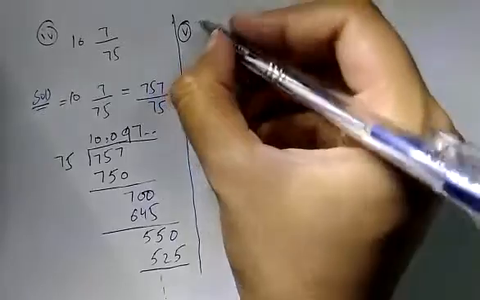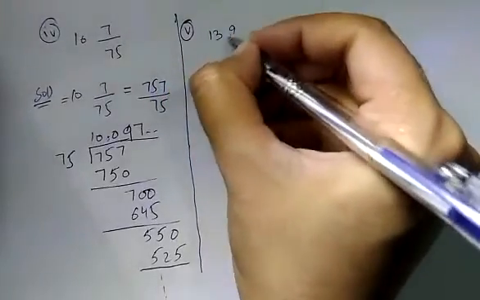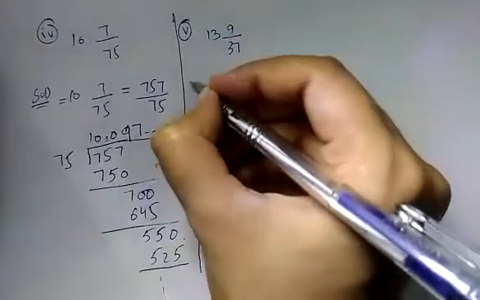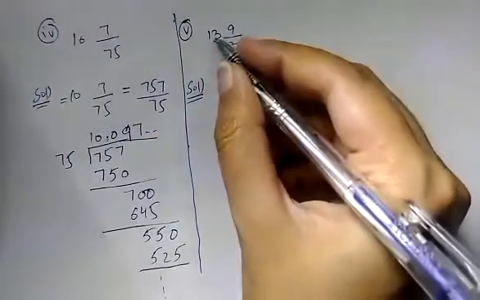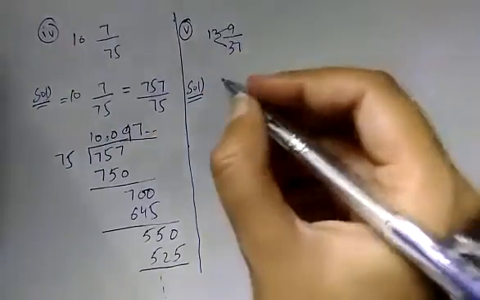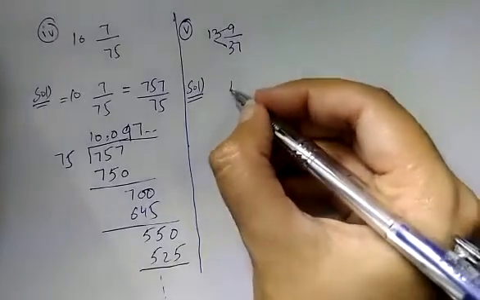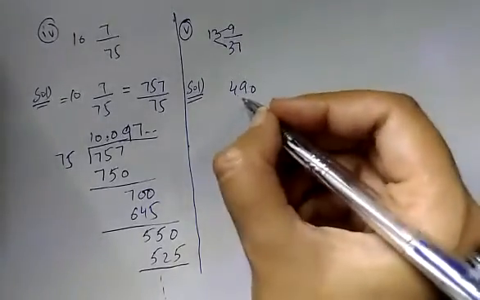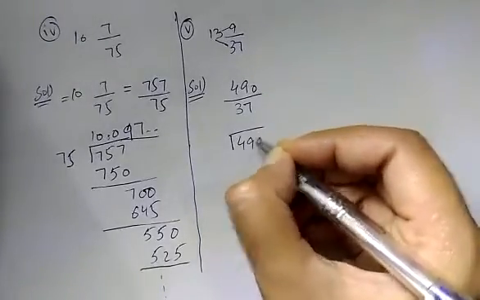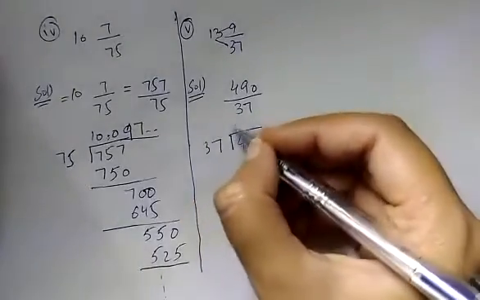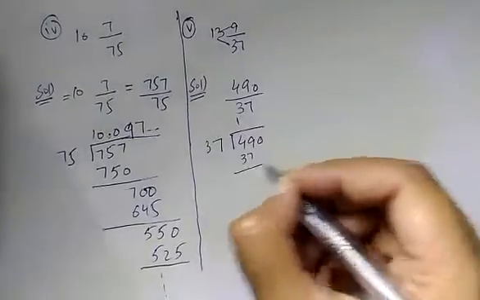Now part number 5, which is 13 into 9 by 37. Both values are multiplied and added, so our answer is 490 by 37. Now we have to divide it, 490 with 37. 37 ones are 37.